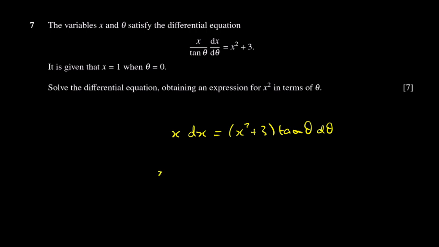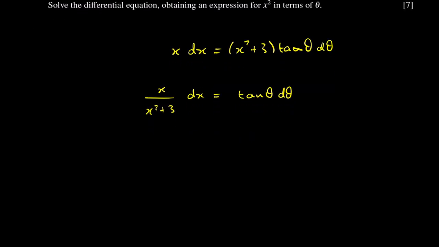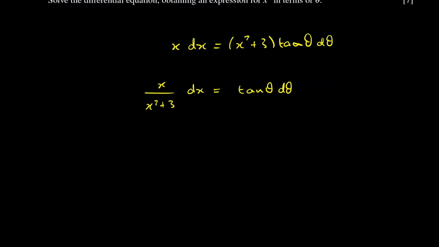So on the left-hand side, I get x over x squared plus 3 dx is equal to tan theta d theta. So can you see here, what I've got is I've got all the x's on one side, all of the thetas on the other side. And since that is the case, what I can now do is I can integrate both sides. So I'm integrating the left-hand side with respect to x and the right-hand side with respect to theta.